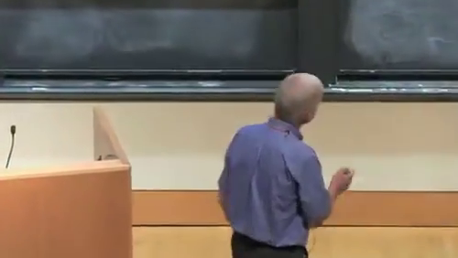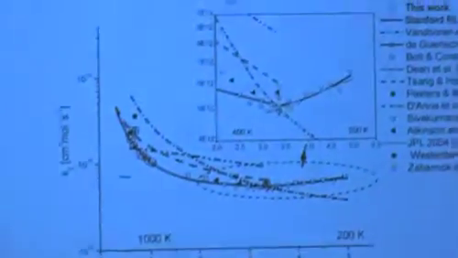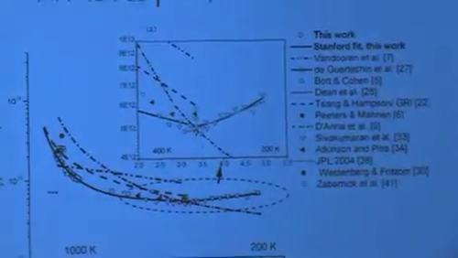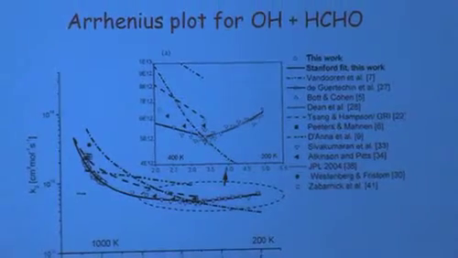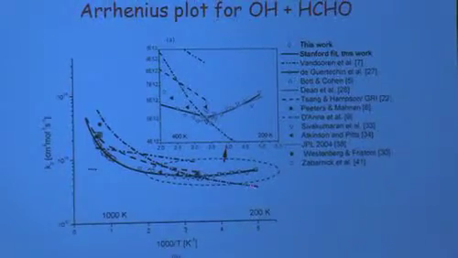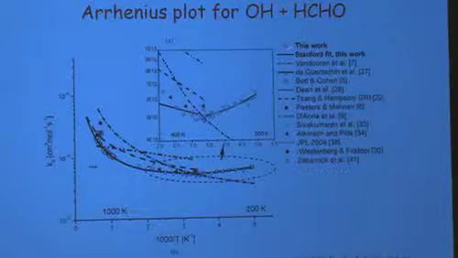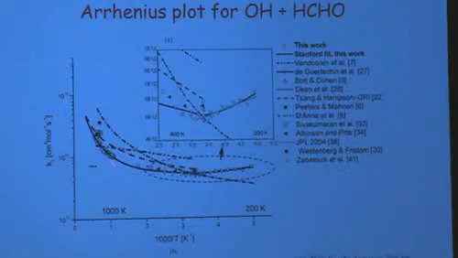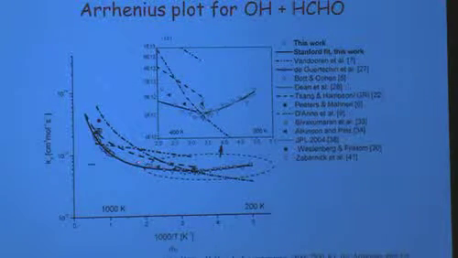These are the final results, and this is a good slide that shows that there can be problems in combining together experiments from different laboratories. So this is taken from the Stanford paper. So their measurements are here, and then a whole host of other measurements at different temperatures.